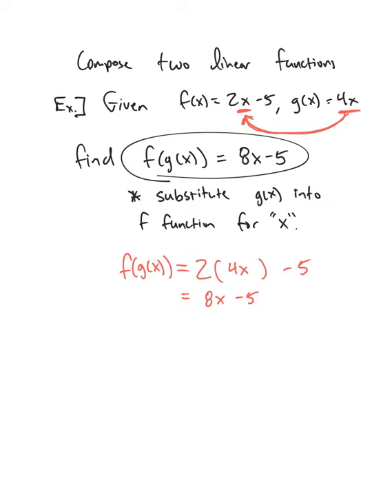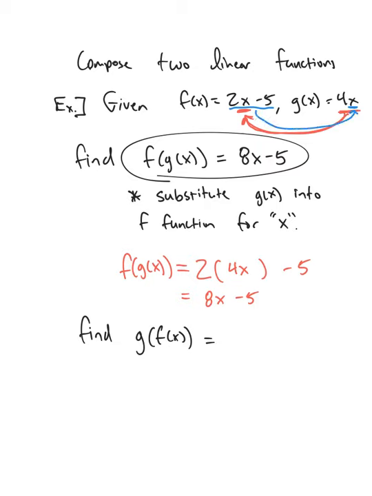All right. Guys, we can go the other direction. We can find g of f of x. What's that going to be? Okay, so in this example, let me go back to my given here. We're going to take the g function, and where there is an x, we're going to substitute in the f function.